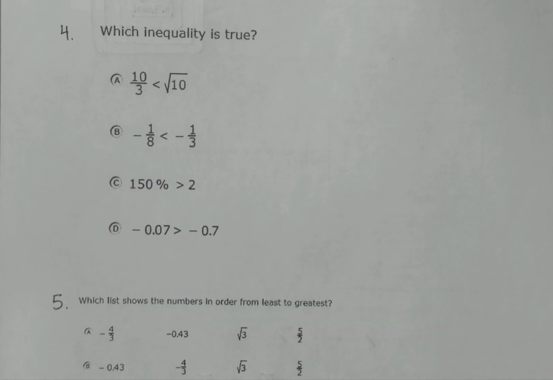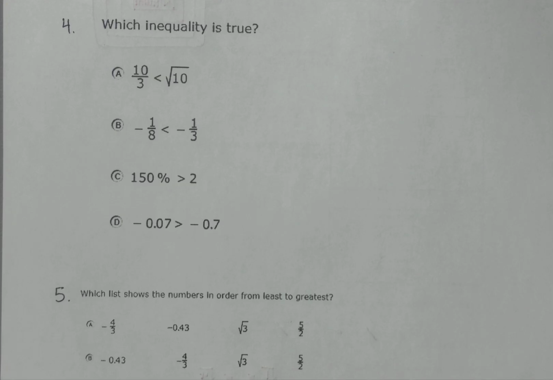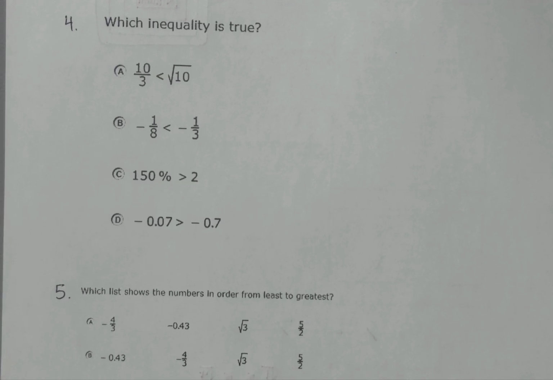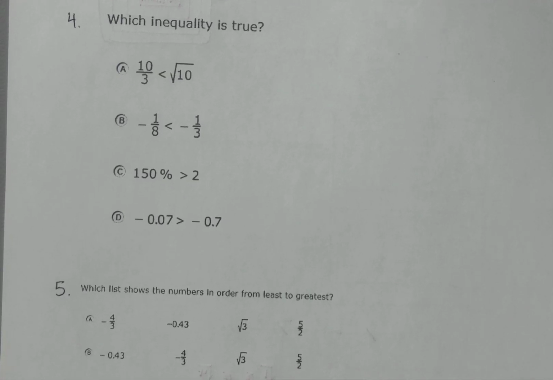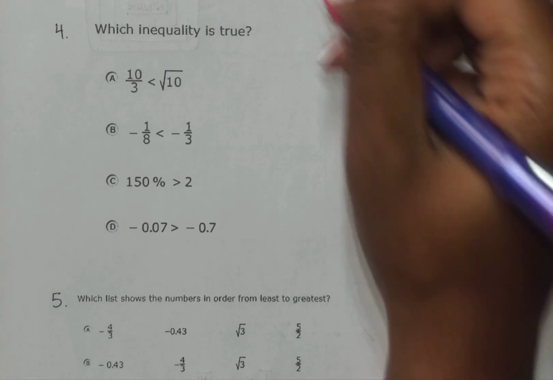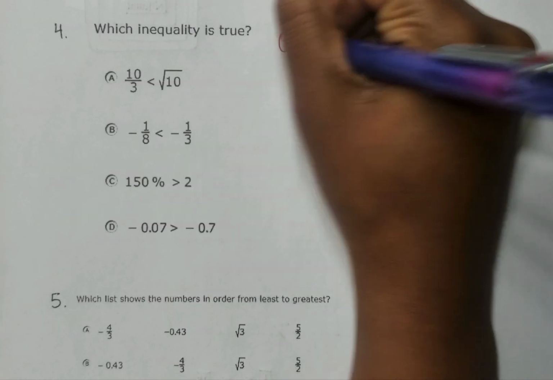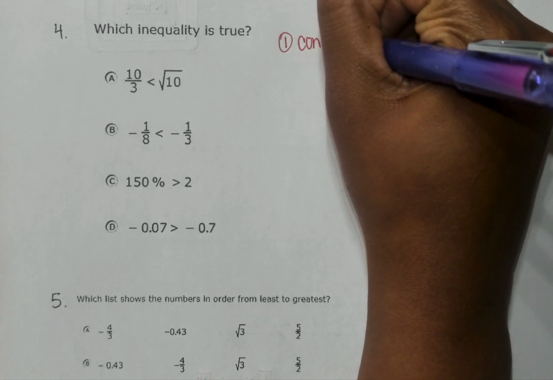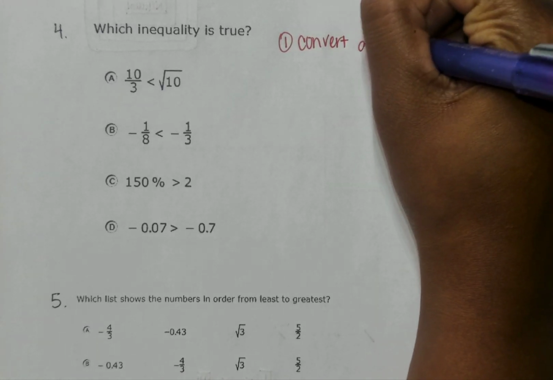Moving on to number 4, it asks us which inequality is true. Whenever we are dealing with comparing numbers or ordering numbers, the first step we should always do is convert all of the numbers to decimals.